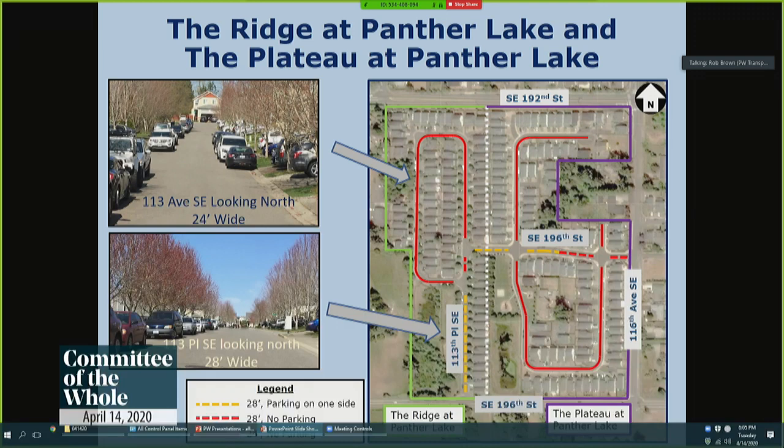When I drove through this, there's about 11 feet between the cars on either side of the road in those locations. Probably wide enough for a fire truck to squeeze through, but certainly not wide enough for two cars to go through at the same time. Does anybody have any questions or comments about this neighborhood? I know there was a lot to look at here on the map with the different streets and the different neighborhoods.